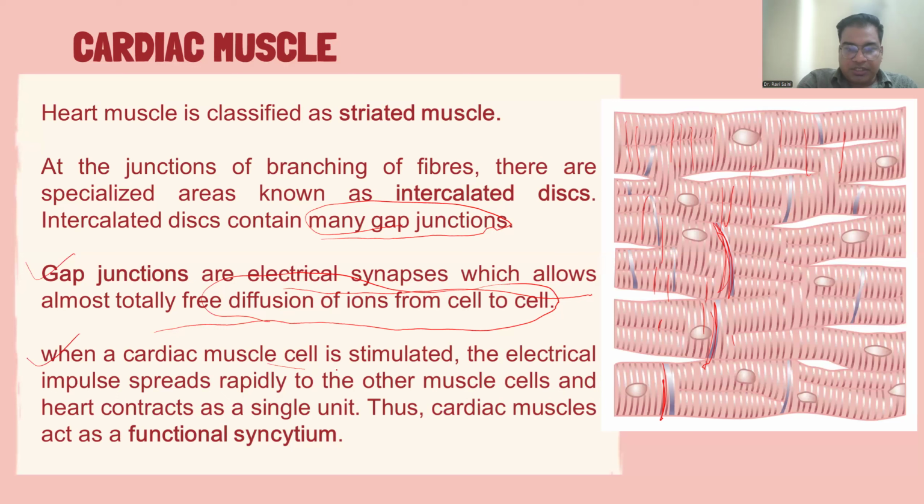When a cardiac muscle cell is stimulated, the electrical impulse spreads rapidly to other muscle cells and the heart contracts as a single unit. Because of the presence of gap junctions in these intercalated discs, ions move freely, and the impulse originating from the SA node can easily travel to these cardiac muscles with the help of these gap junctions.